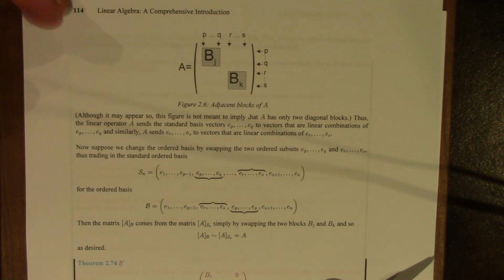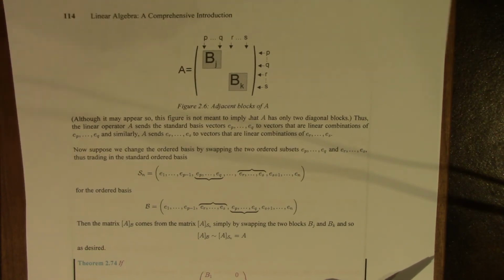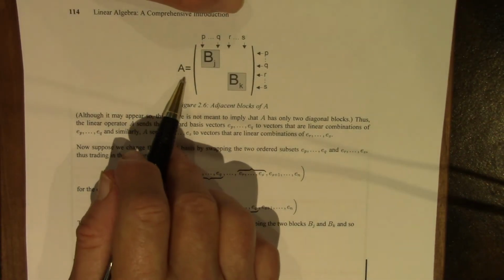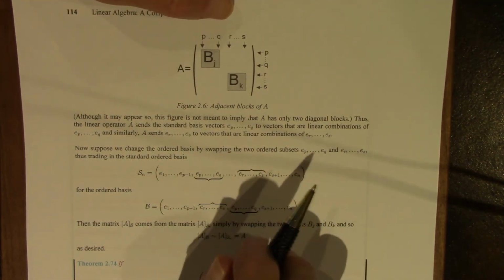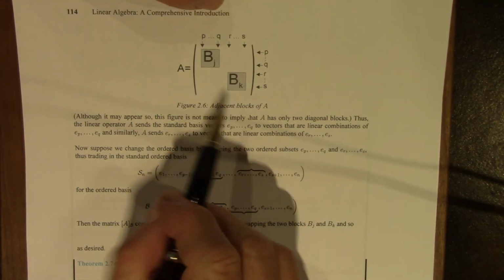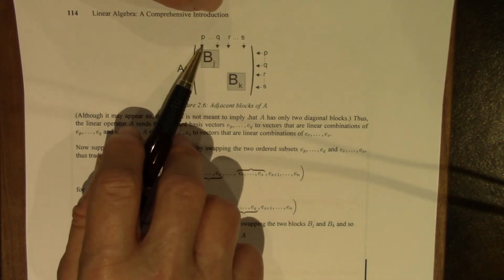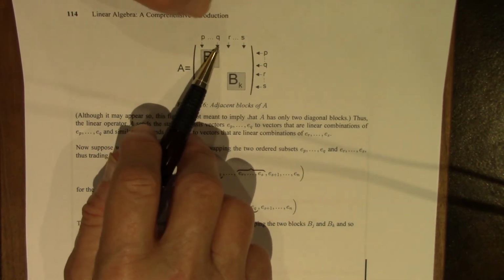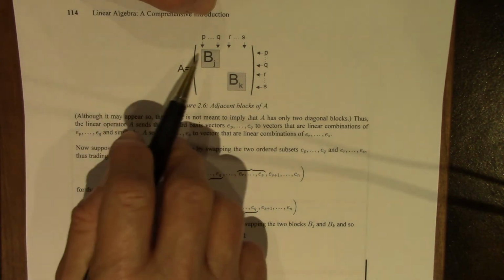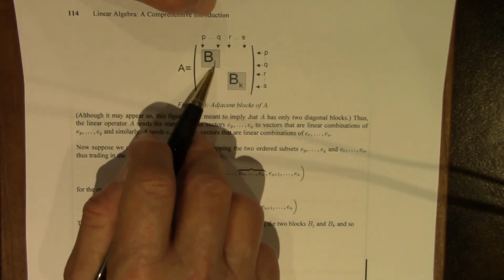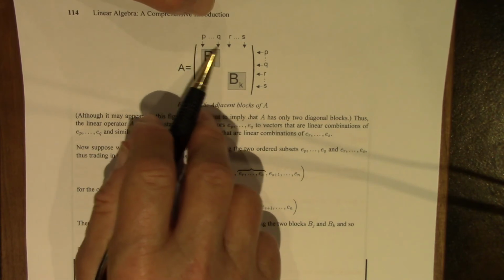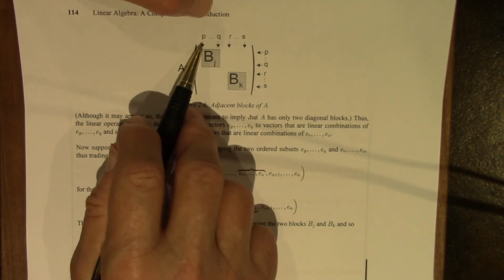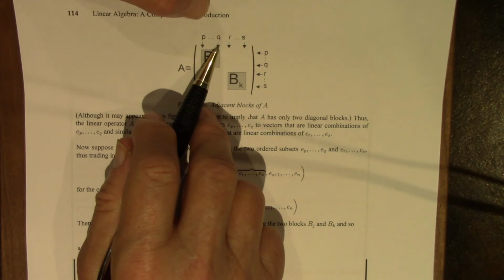So as a linear operator, this matrix A sends the standard basis vectors E sub p through E sub q to linear combinations, using the columns here, of those same standard basis vectors, E sub p through E sub q.